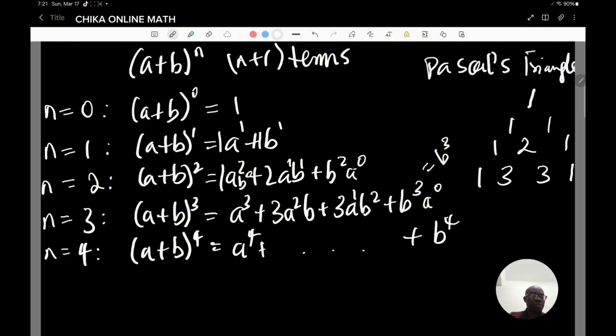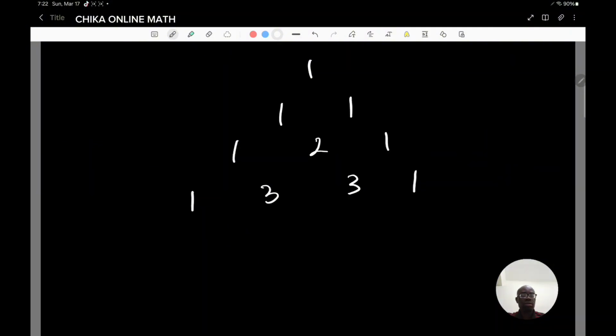Now observe something. You see the way these numbers are. They look like a triangle. It is because they're in triangle form that we call it Pascal's triangle. So let's write down these coefficients and look at it once again.